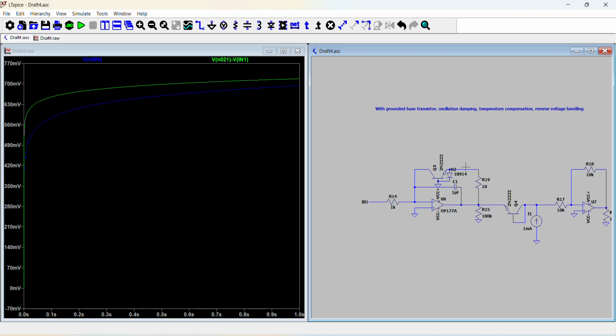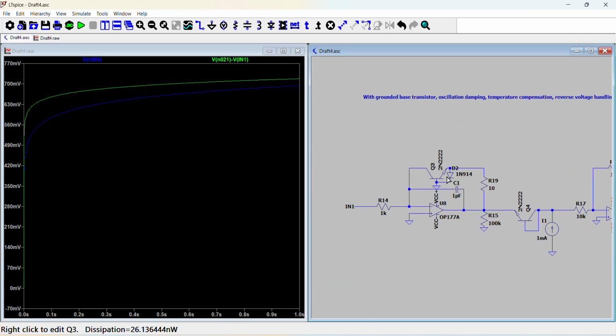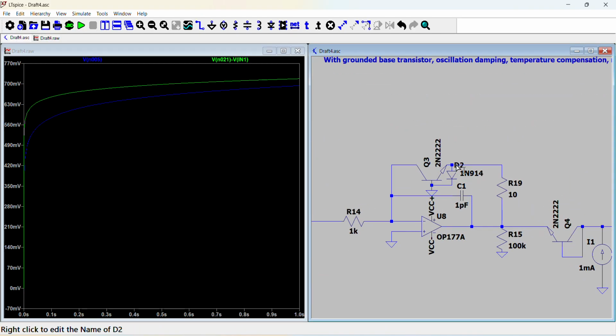But anyway, the next thing is sometimes you'll see this diode which shorts the emitter to the ground, and the reason why that's added is because the transistor is polar, so the current can only flow one way.